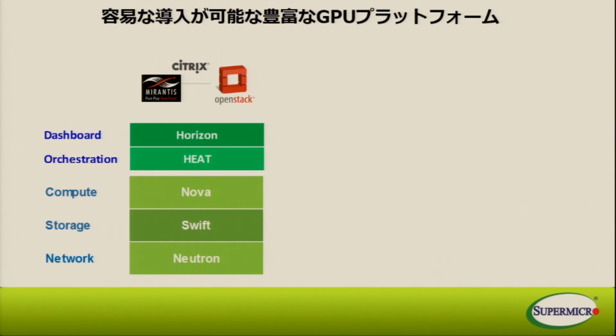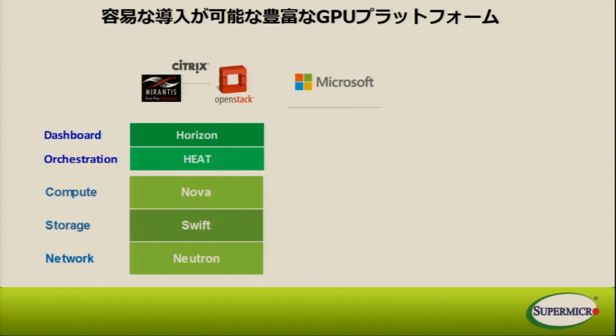If you're talking about Citrix, Citrix is one of NVIDIA's selected partners for hypervisor. From there, you can use OpenStack, which we have today as Mirantis software that can support you on dashboard, orchestration, compute, storage, and network, right? So you can deploy as we just introduced.